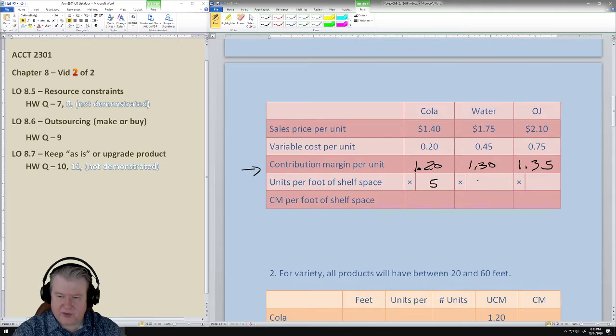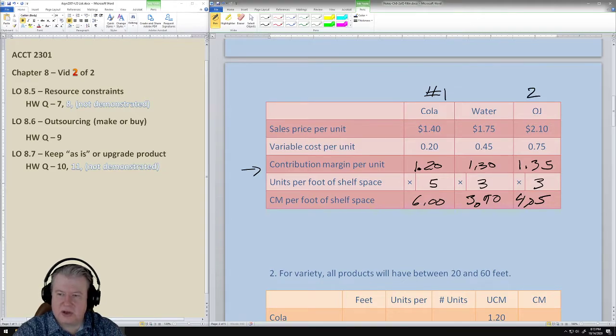So there's 5 per linear foot here and 3 for each of these. So here, this comes out to $6. This comes out to $3.90. And this comes out to $4.05. Under this scenario, we can see cola is number 1.